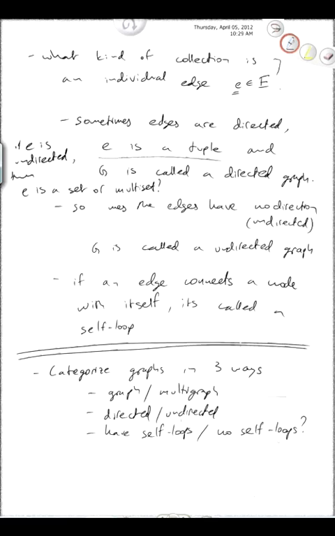So that really concludes our description of how to categorize graphs in general. And we also have now a way of describing the graph structure overall. So if somebody comes along and gives you a set of nodes and a set of edges, then you can go off and draw the graph, especially if they tell you if the edges are directed or not, you know exactly what that means.